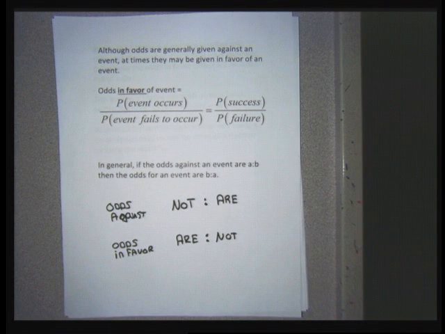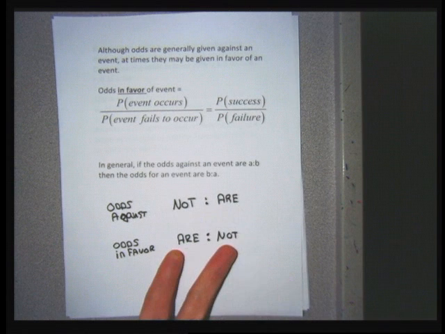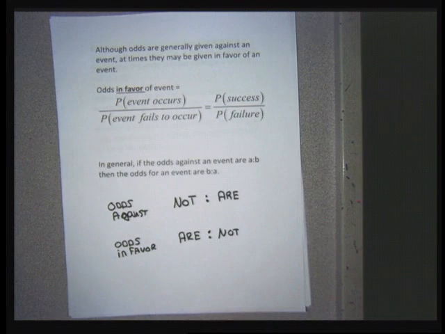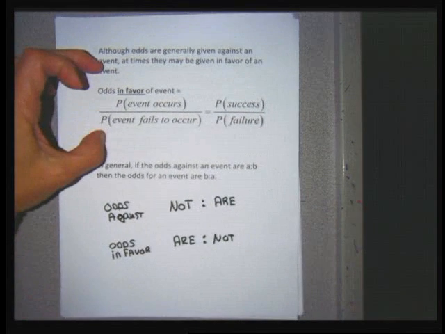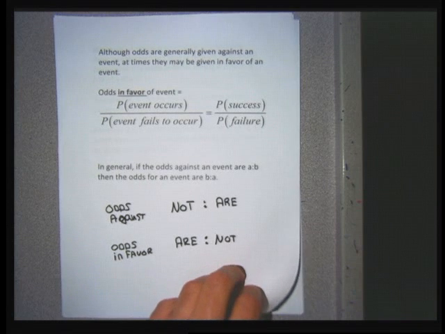To the left of the colon, I'm going to put the number of items in the sample space that fit the criteria of the event that's described, and on the other side of the colon, I'm going to put the number of elements that don't fit the criteria, and they're just flipped of each other. If you know the odds against, you get the odds in favor by flipping them. If you know the odds in favor, you get the odds against by flipping them. And these formulas I'm just not going to use because they're harder to use, and they don't really serve any benefit.